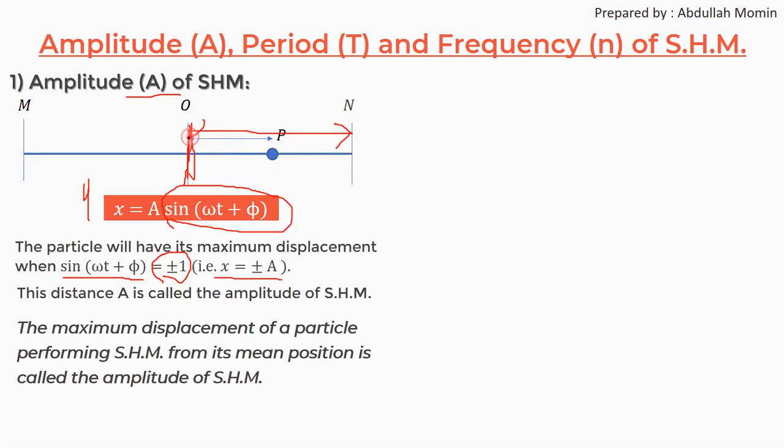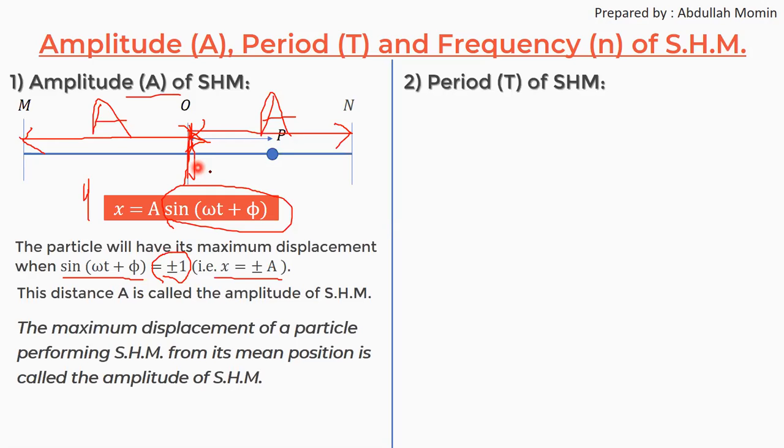This ON is the amplitude of SHM. Also in the left direction its maximum displacement is OM. This distance ON and OM is called the amplitude of SHM. That is the maximum distance covered by the particle.